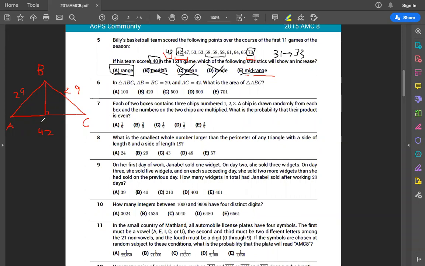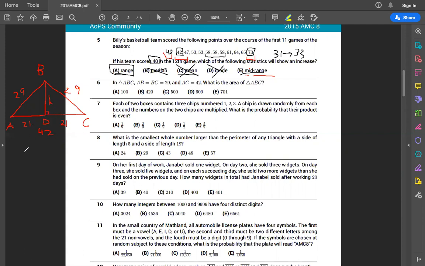One property of isosceles triangles is that when you draw an altitude, it also bisects the base. So this 42 is cut in half, 21 on each side. And we'll call this perpendicular point D. Now we need to find this height H, and then we'll be able to finish.